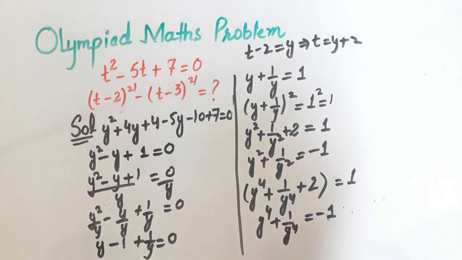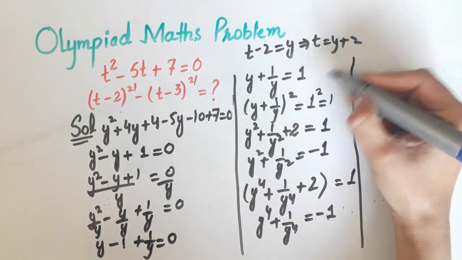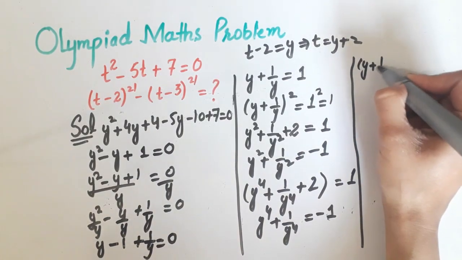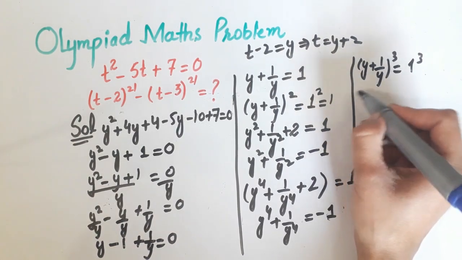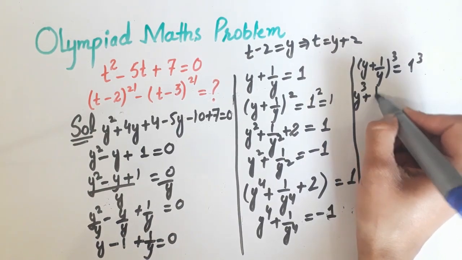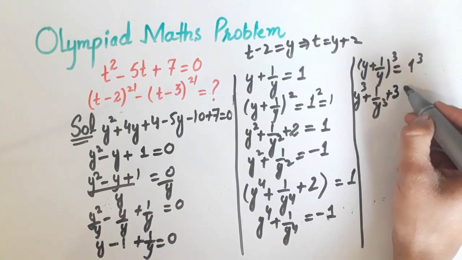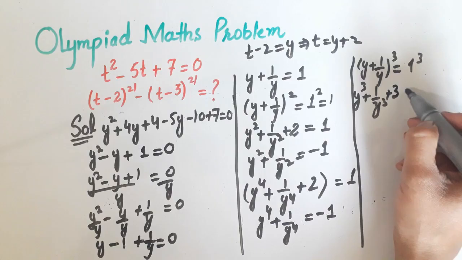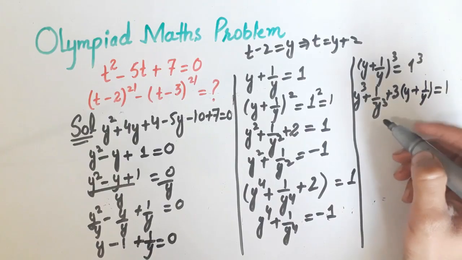Now again take the cube of this. So (y plus 1 by y) cube equals 1 cube. That gives y cube plus 1 by y cube plus 3 into ab, a plus b, where a plus b means y plus 1 over y, and that equals 1.